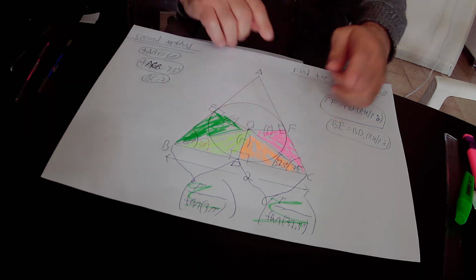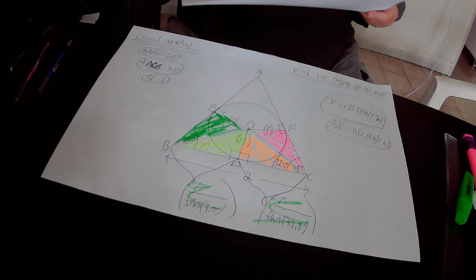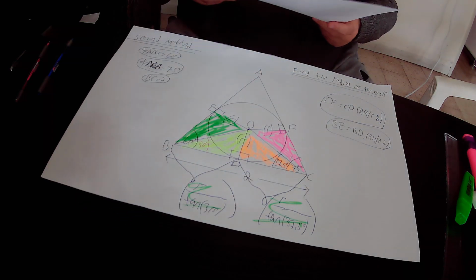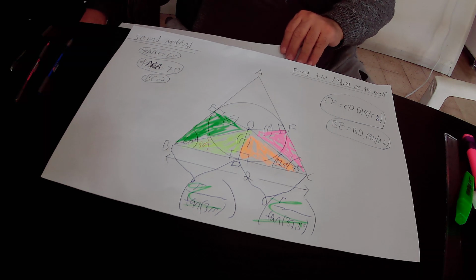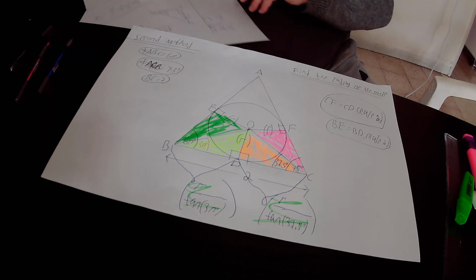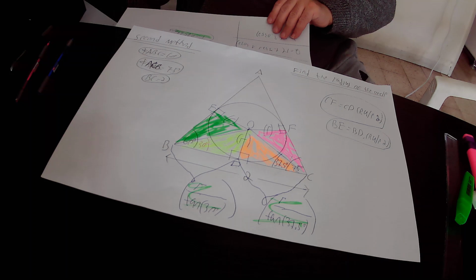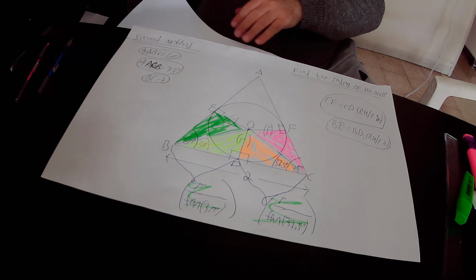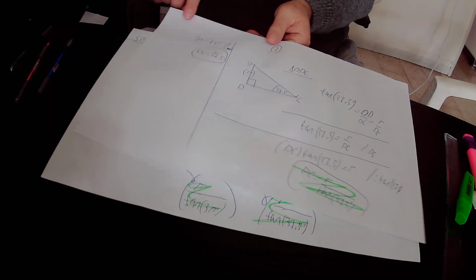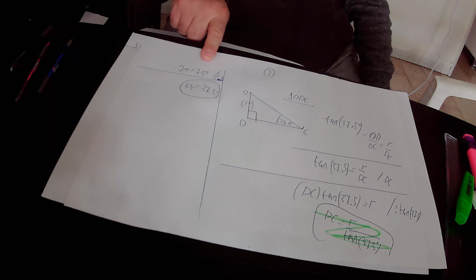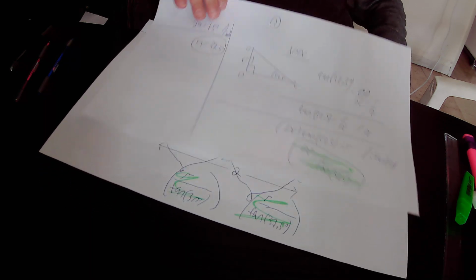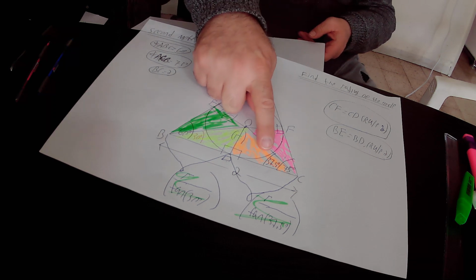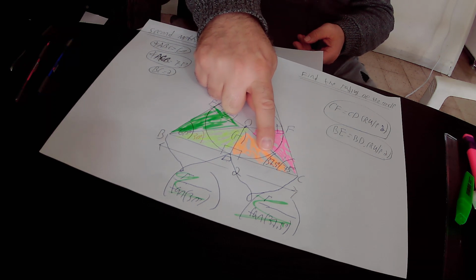That is to say, 2 alpha equals 75 degrees. We divide this equation by 2 and finally find that alpha equals 37.5 degrees. So this angle alpha equals 37.5 degrees in its size.